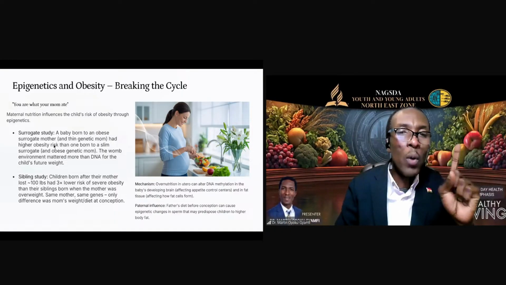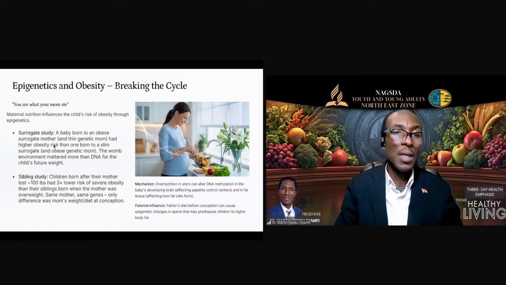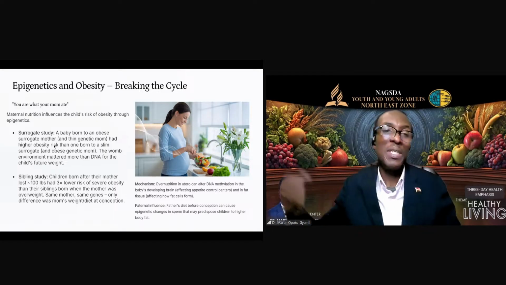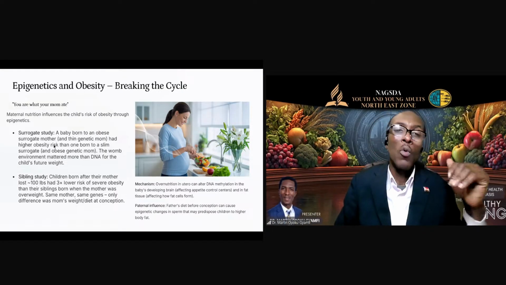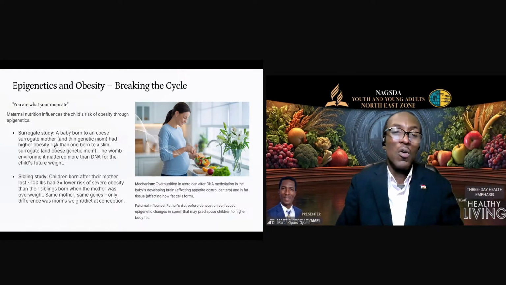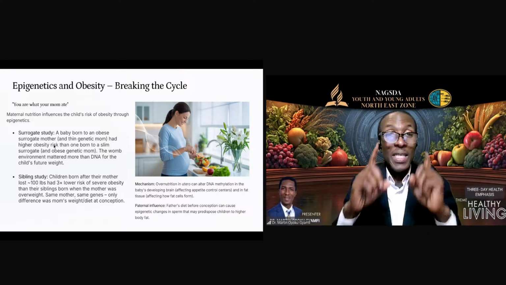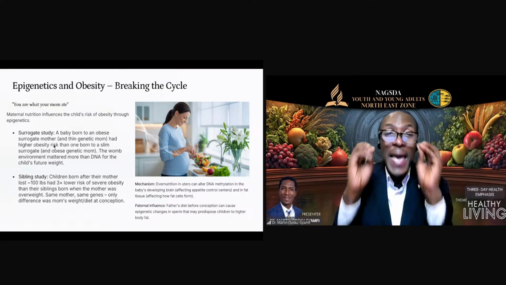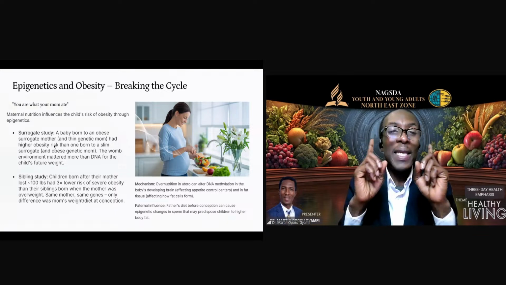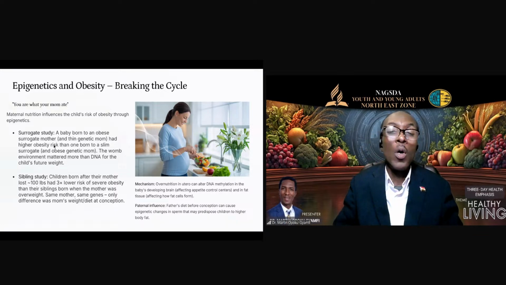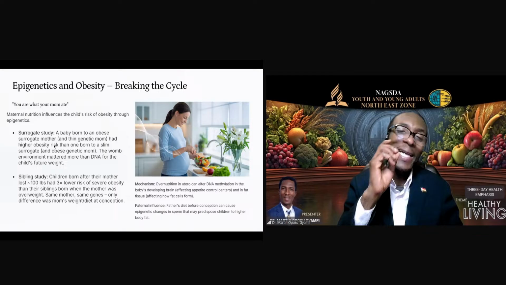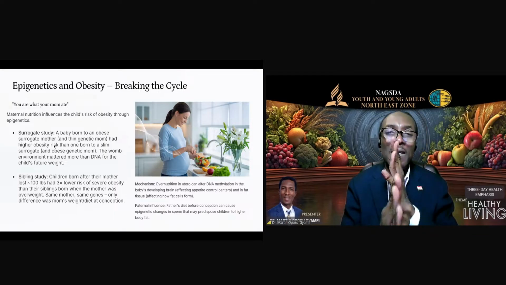The children who were born after their mother lost 100 pounds had 3 times lower risk of severe obesity than their siblings who were born when the mother was overweight. So this is the same mother, same genes. The only thing that was changed, the difference, was the weight or the diet at the time of conception. And this is epigenetics at play.